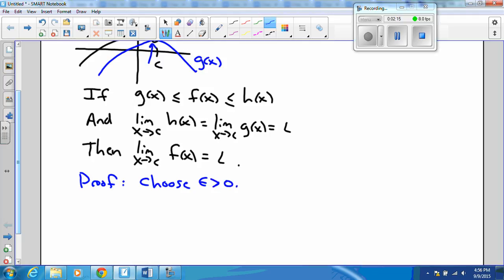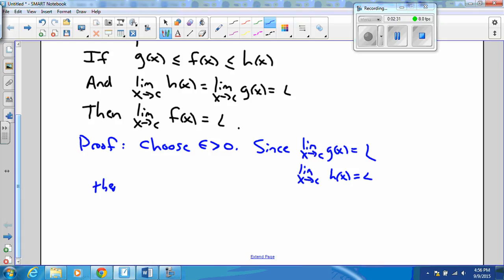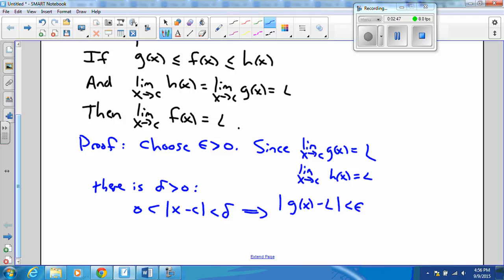And now, because the limit as x goes to c of g is equal to L, and the limit as x goes to c of h is equal to L, we can find a delta greater than 0 such that when x is in the deleted delta neighborhood of c, then both g and h are in the epsilon neighborhood of L.